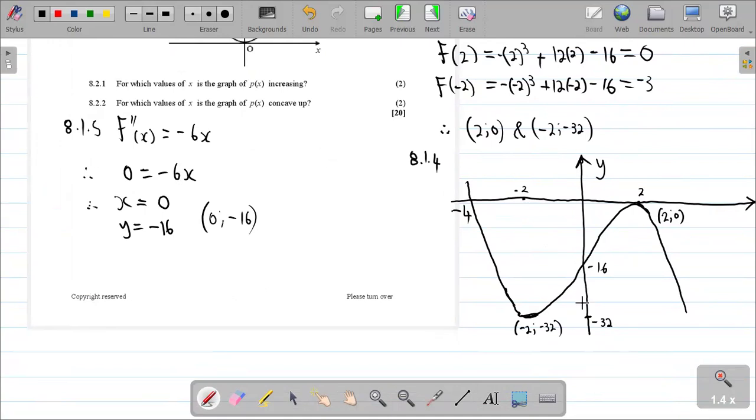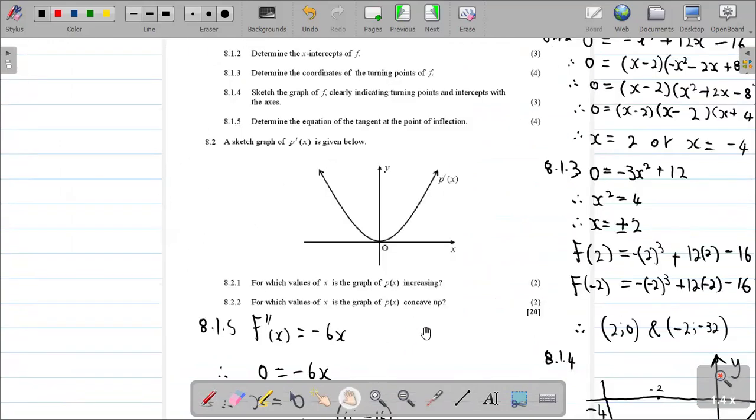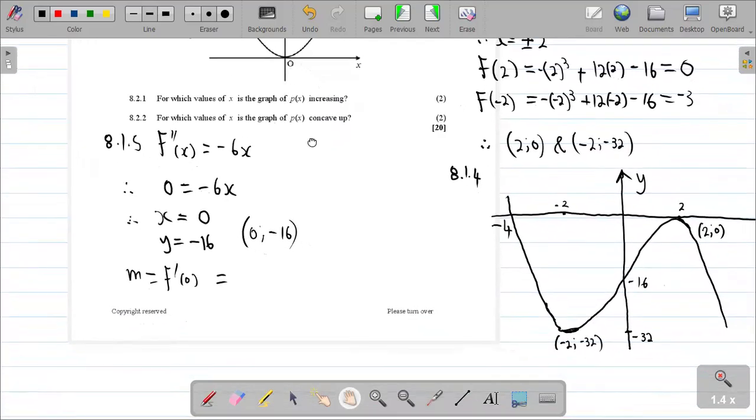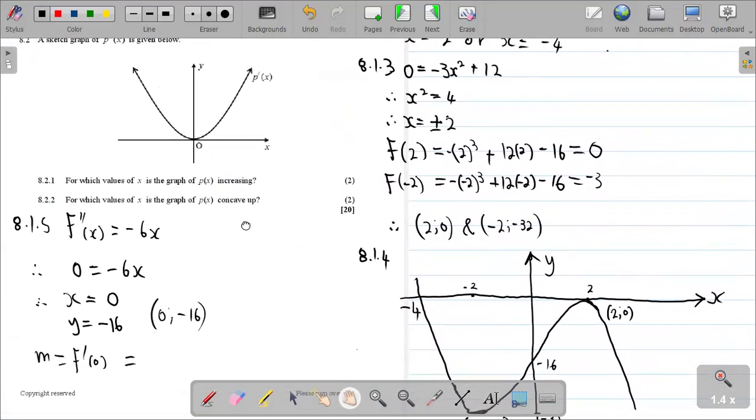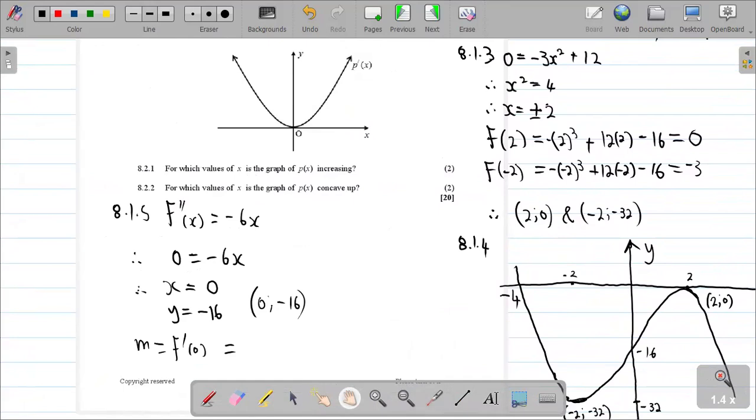Okay, so we have to find the gradient here. The gradient is going to be equal to f prime of 0, which we find using this here.